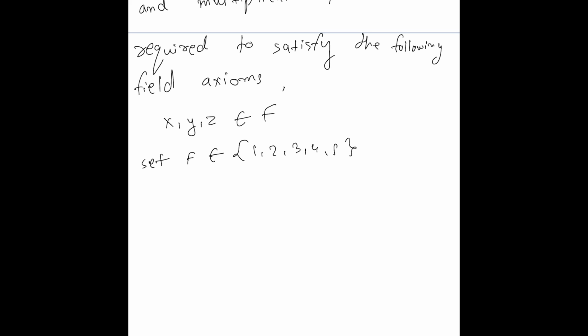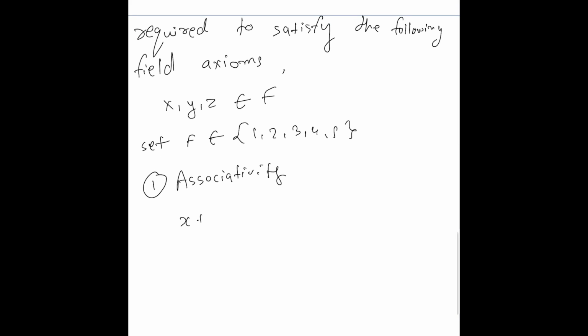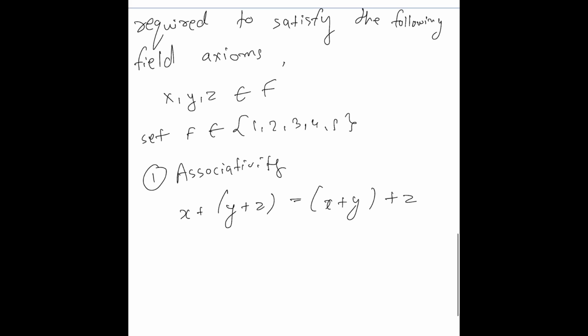So the first axiom for the field is associativity. You have learned this before. Associativity is (x plus y) plus z equals x plus (y plus z). This is for the addition. For multiplication, (xy)z equals x(yz). This is associative.